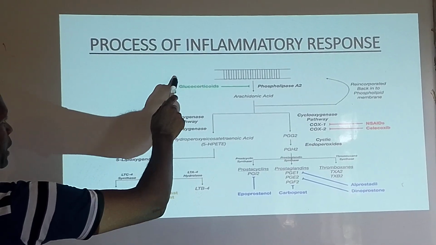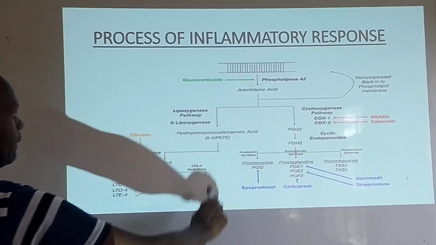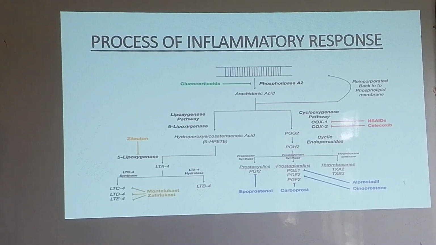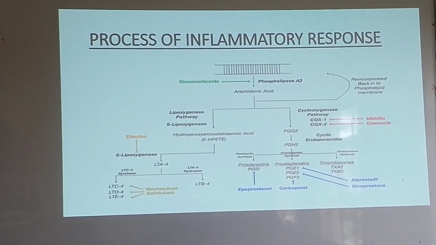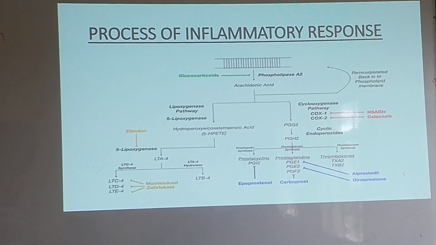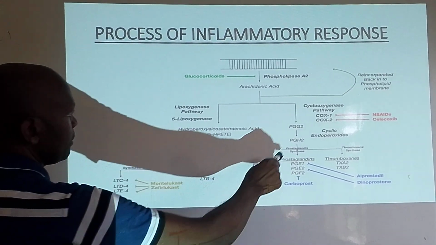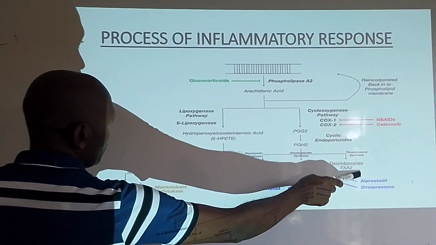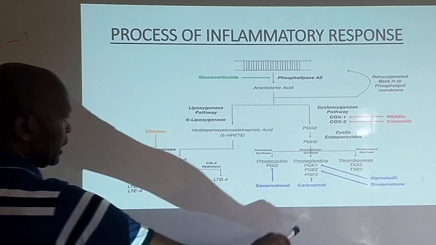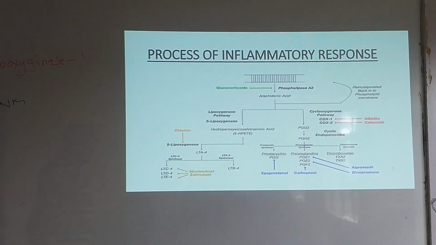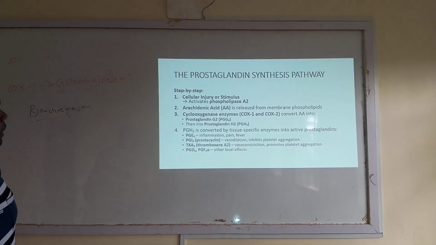Then the NSAIDs work on this route here. They inhibit what we refer to as the cyclooxygenase pathway. So they block this pathway here. Therefore, we cannot end up having these products which produce inflammation, fever, and pain.